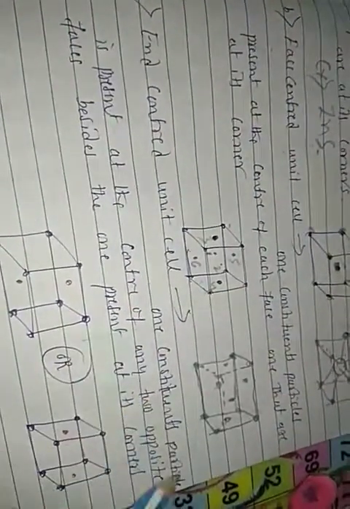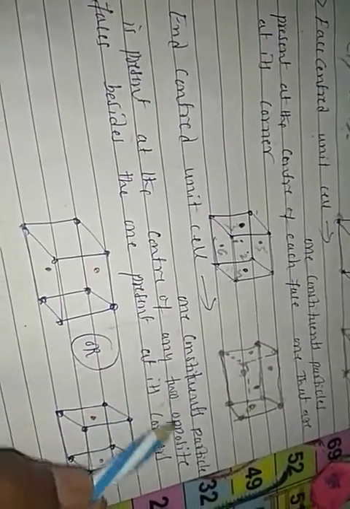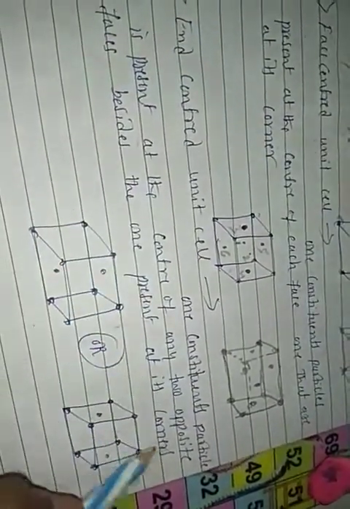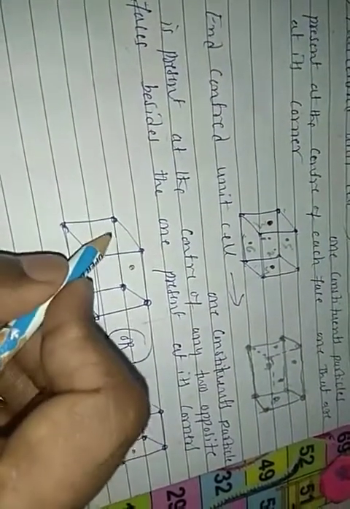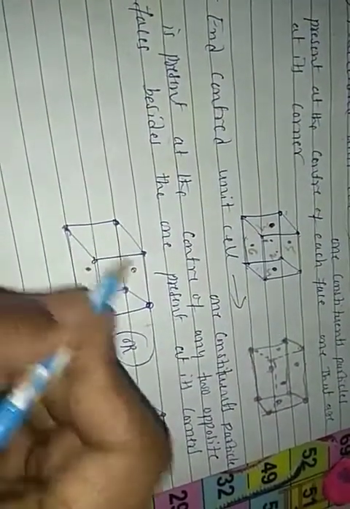In the end centered unit cell, one constituent particle is present at the center of any two opposite faces, besides those present at its corners. So, friends, this is one constituent particle, either top, bottom, left, right, front, or rear.